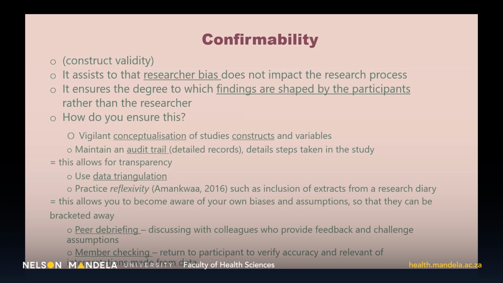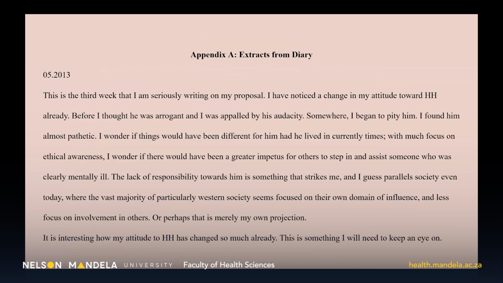I'm going to just give you an example. This is something from my treatise. So this is the third week that I'm seriously writing my proposal, and I've noticed a change in my attitude towards Howard Hughes already. Before, I thought he was arrogant and I was appalled by his audacity.